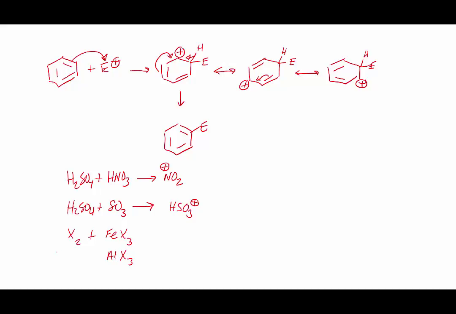And what happens here is that the pair of electrons from one of the halogen atoms attaches to the metal, and I end up forming a Br plus or Cl plus and an AlCl4 minus or an FeCl4 minus.